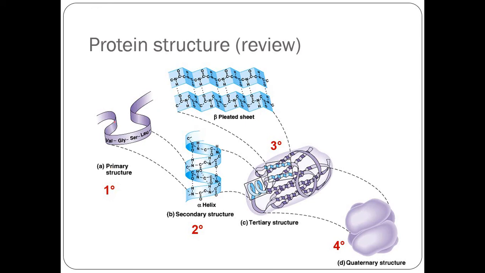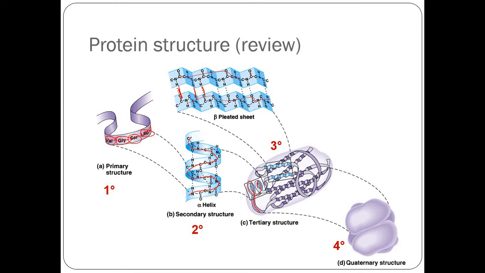So again, for the primary structure, it's the arrangement of the amino acids. And for secondary, it could either form alpha helix or beta pleated sheets due to the hydrogen bonding between the backbones. And then once you have additional interactions among the side chains, for example this one, the protein now has a tertiary structure.